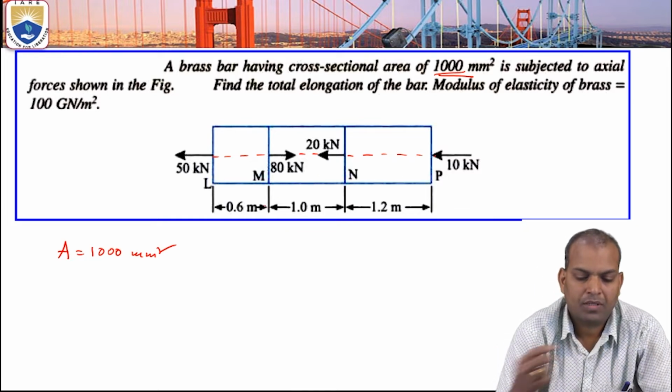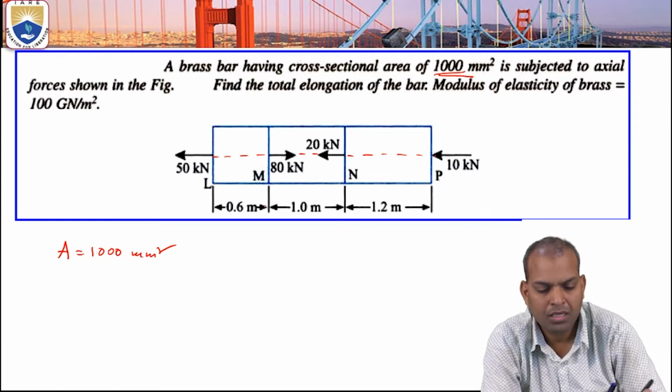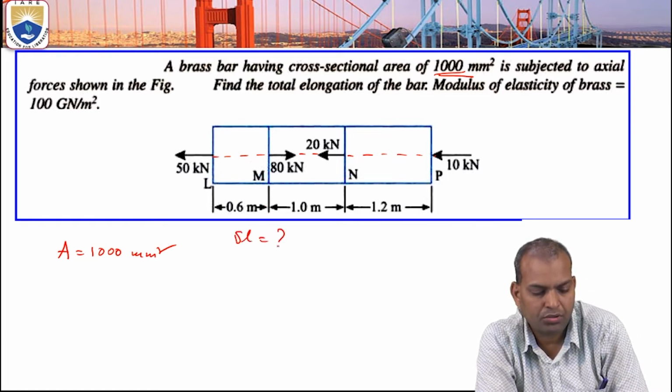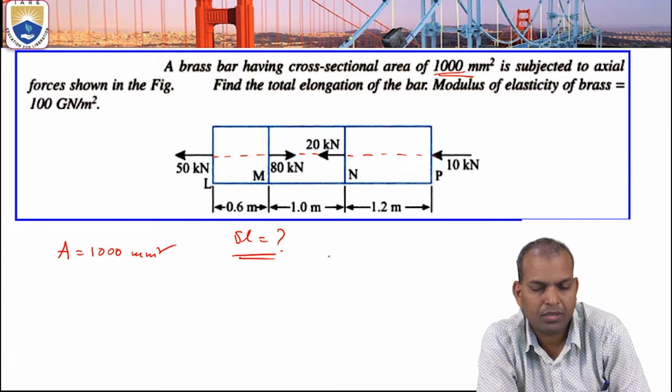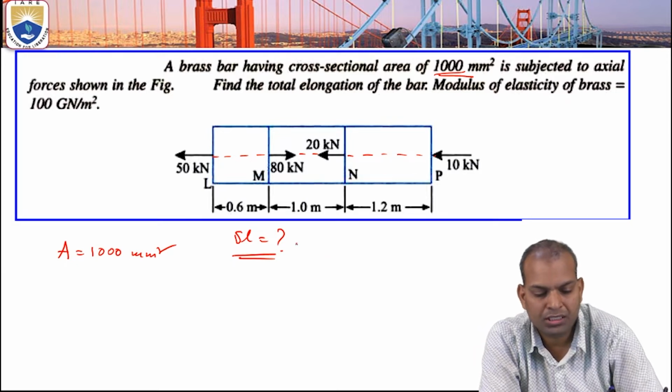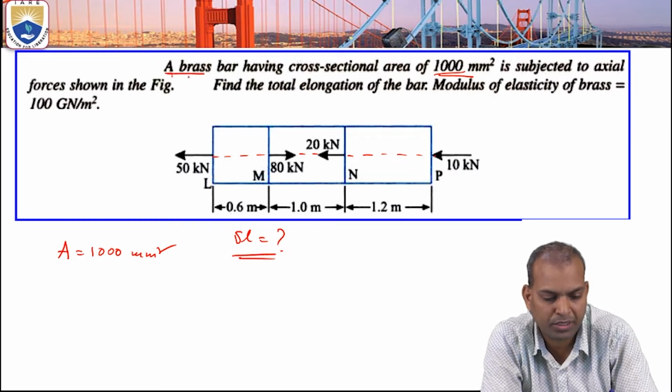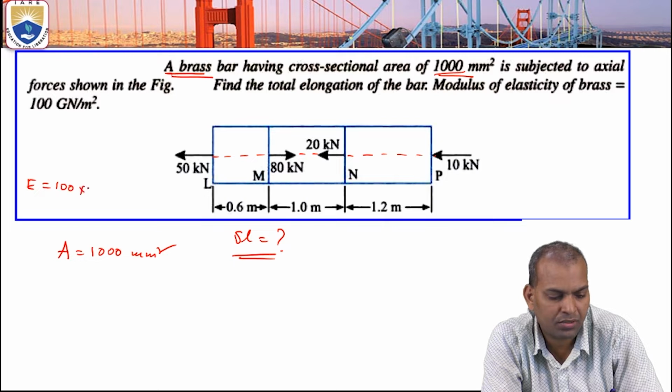Find the total elongation of the bar. The modulus of elasticity of the brass: it is a brass bar, so the modulus of elasticity is 100 times 10 power 9 Newton per square meter.